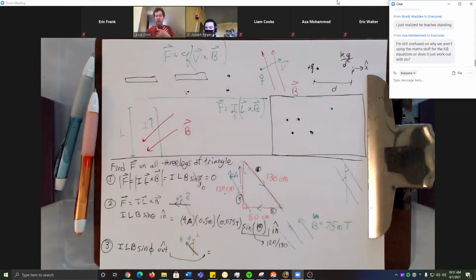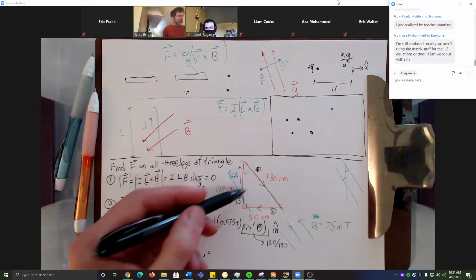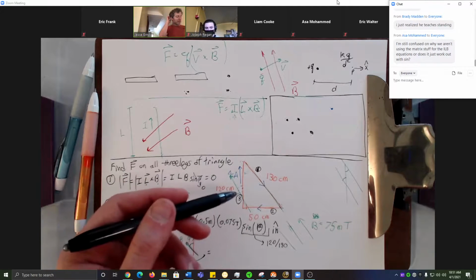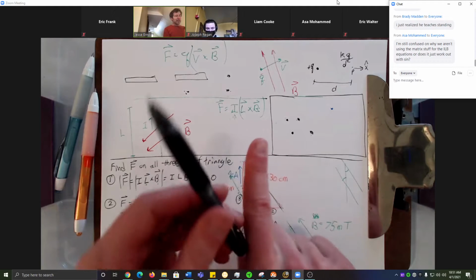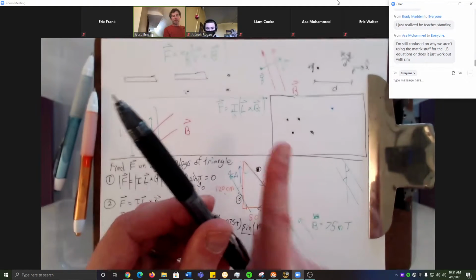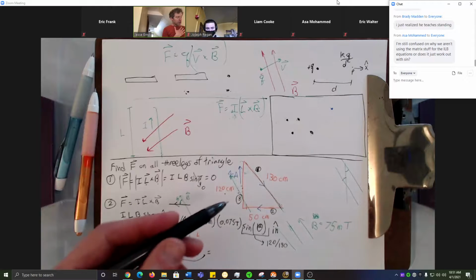Oh, I'm still confused why we aren't using the matrix stuff for the I L B, or does it just work out with sine? You could, in principle, but I think it would be harder in this case. The matrix version tends to be needed when you have things with all three components, but there's nothing wrong with it.